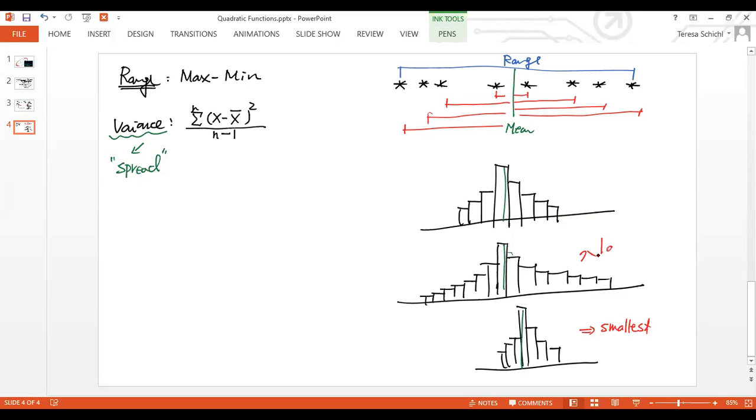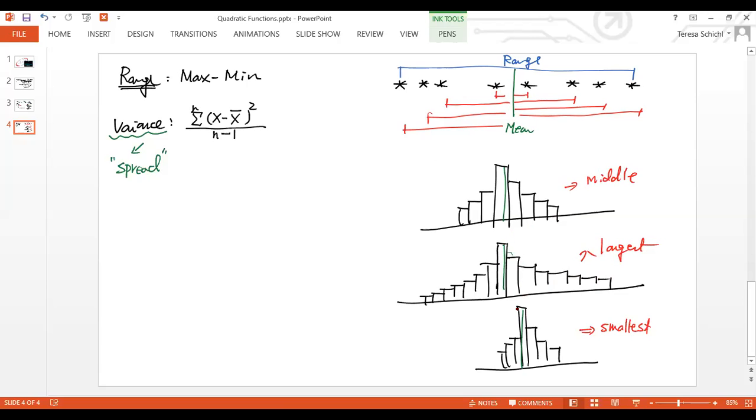This one, because all the observations are so far away from the mean. This one is in the middle, between the smallest and the largest. So as you can see, the variance is really trying to evaluate how far away observations are from the mean.